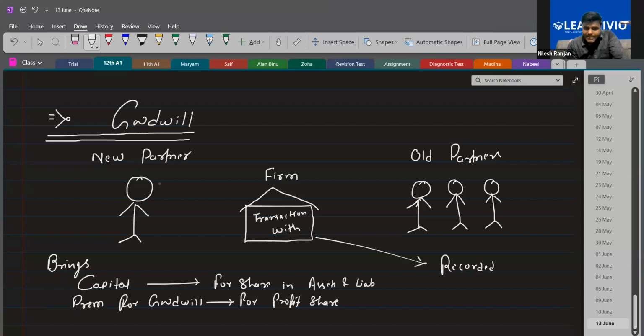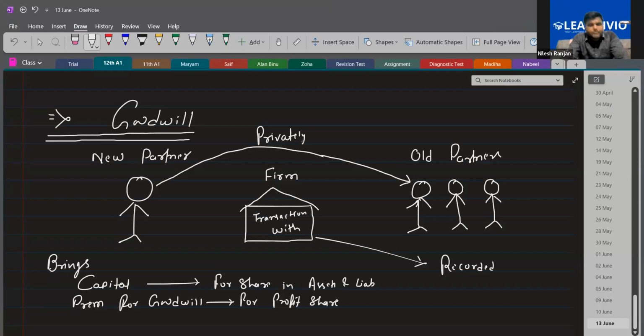Now if this premium for goodwill is paid by the new partner to the old partners privately, meaning there is no involvement of the firm, you tell me, should it be recorded in the books or not? You have to say yes or no.